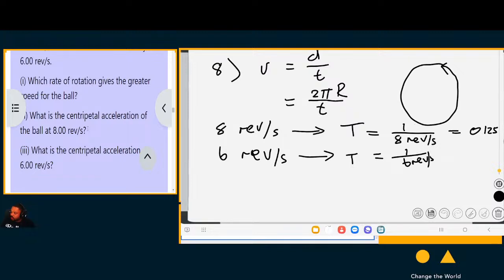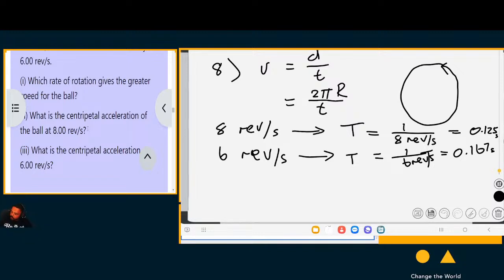You can just write 1 over your revolutions per second, and it will give you your answer in units of time. Whatever your units, it could be revolutions per minute, and your answer would be in minutes. In this case, it's revolutions per second, so your answer for time would be in seconds, and it would be 0.1667 seconds. And that's 0.125 seconds.